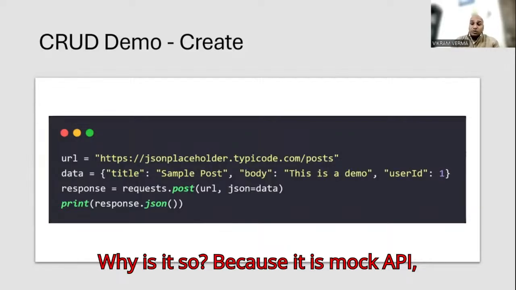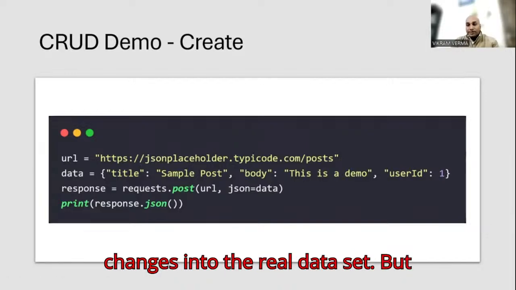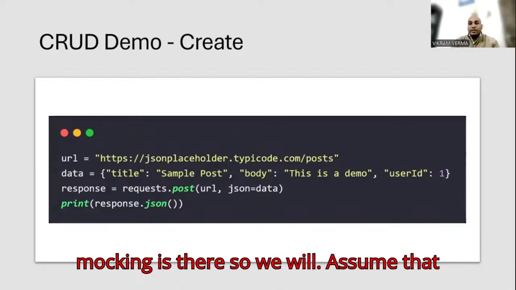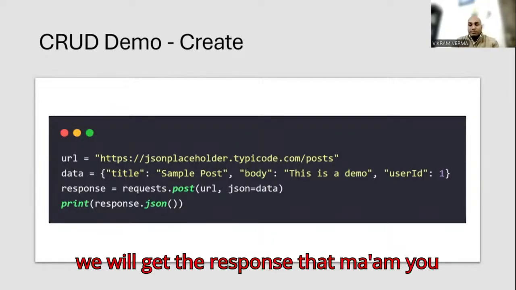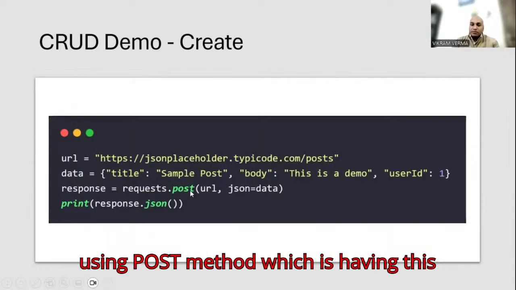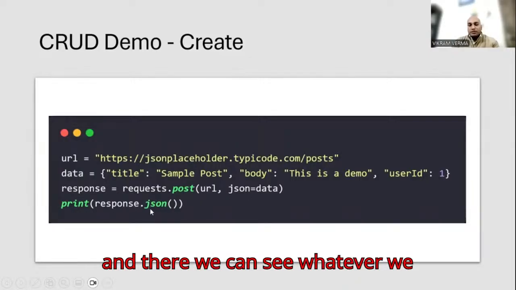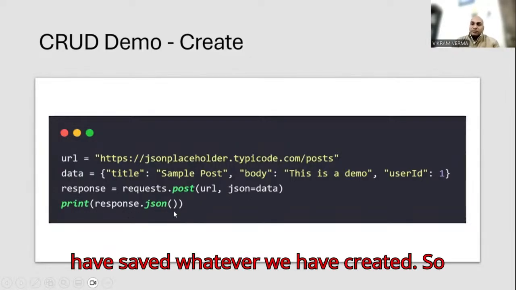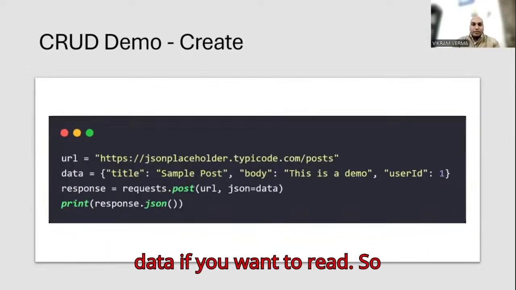It is not going to let you make any changes to the real data set, but mocking is there. So we will assume that we have created the data, and we get the response that the data has been created. Here we are using the post method with this URL and the data. There we can see whatever we have created. So that is create.